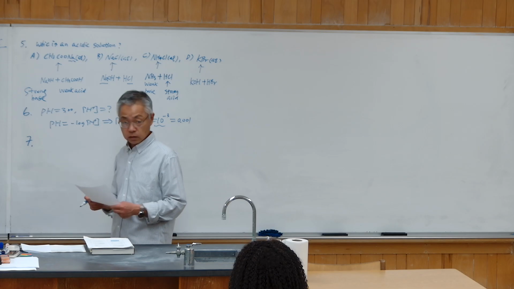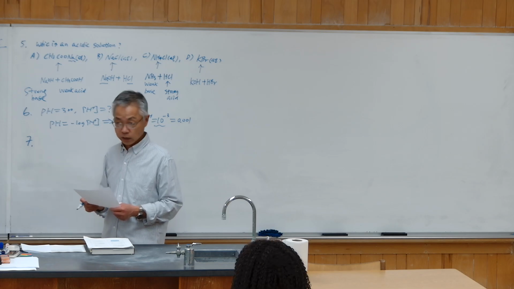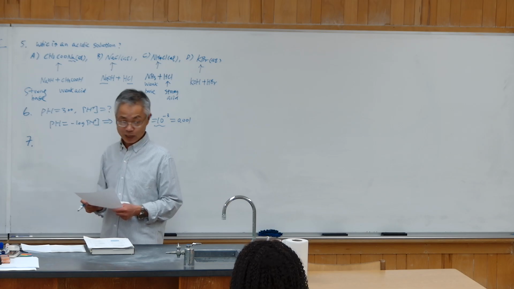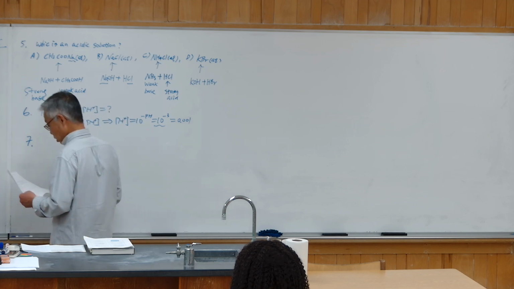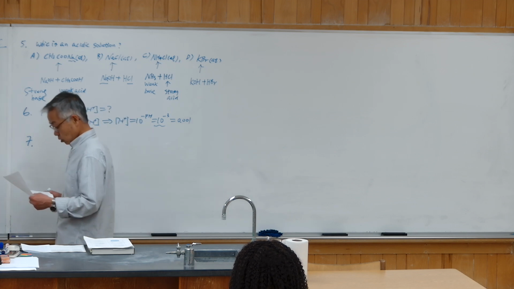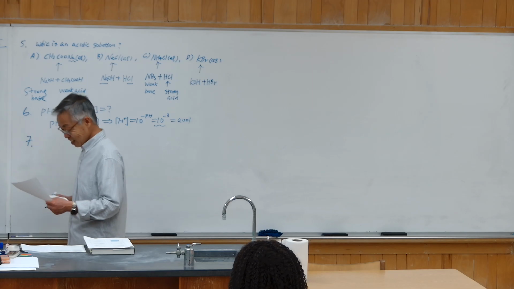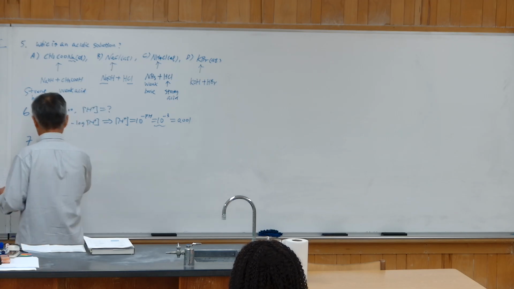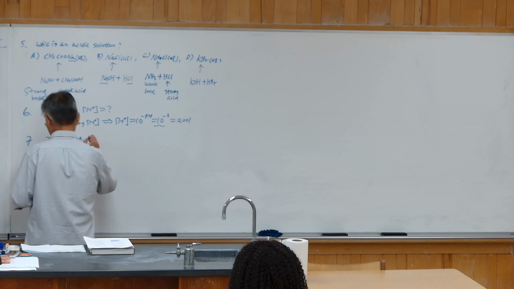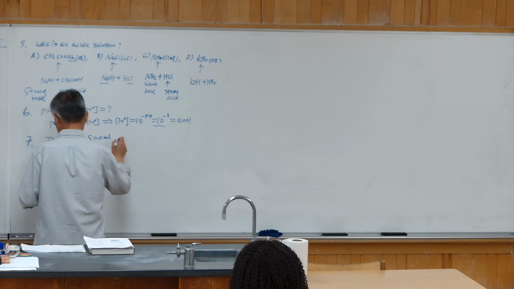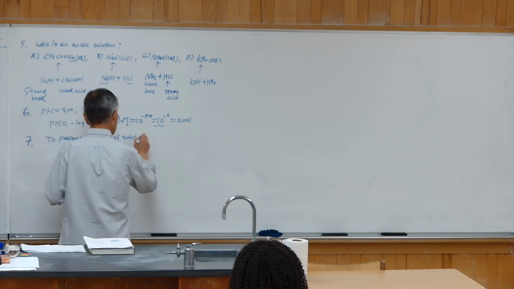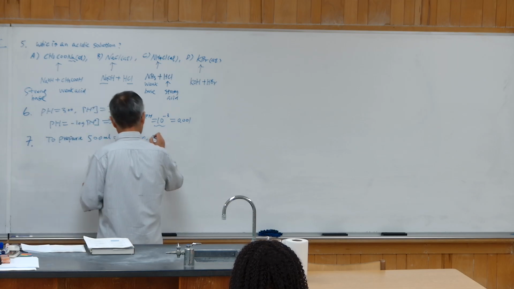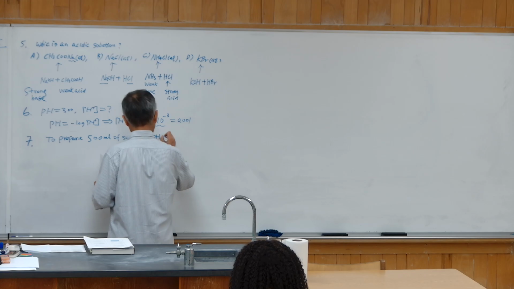Question 7 is a little harder. We cannot have everything be so easy. Okay. Question 7, honestly, is a little bit harder. It asks you how much NaOH solid, in grams, is needed to prepare a 500 milliliter solution with pH 13.